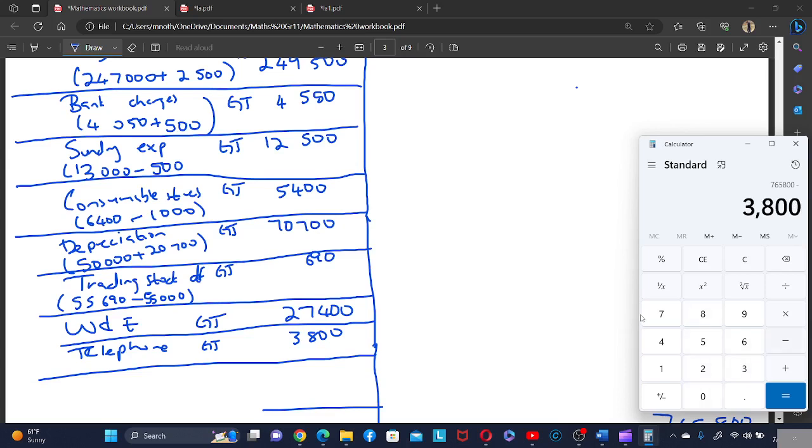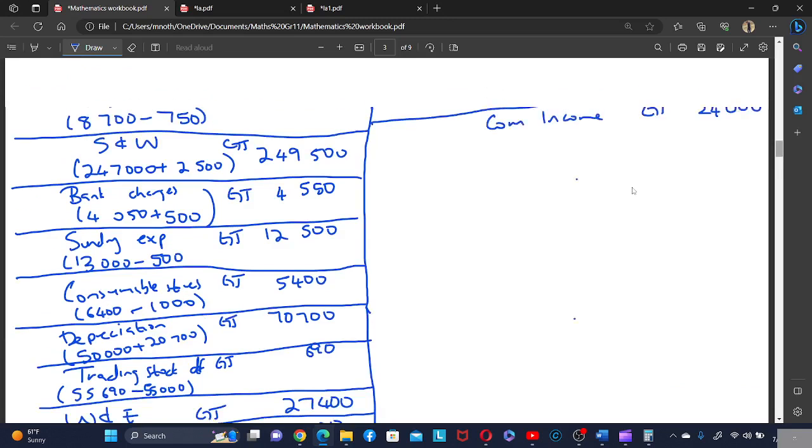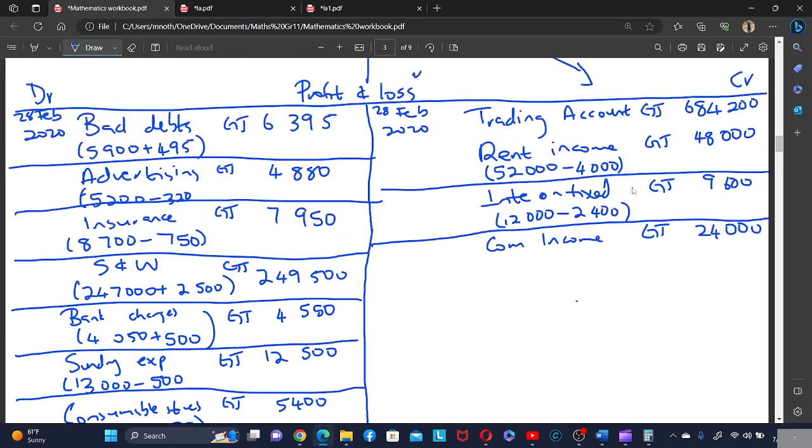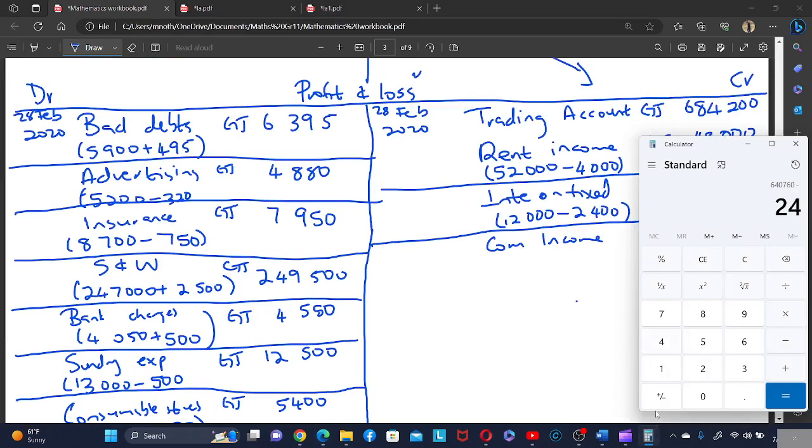So minus 3.8, minus 27,400, minus 690, minus 70,700, minus 5.4, minus 12,500, minus 4,550, minus 249,500, minus 7,950, minus 4,180, minus 6,395.